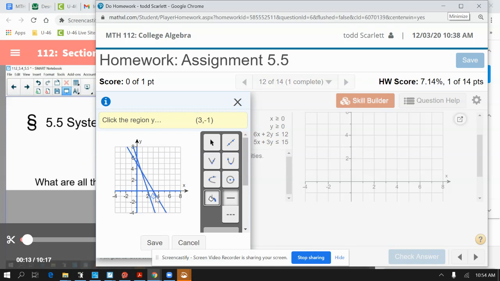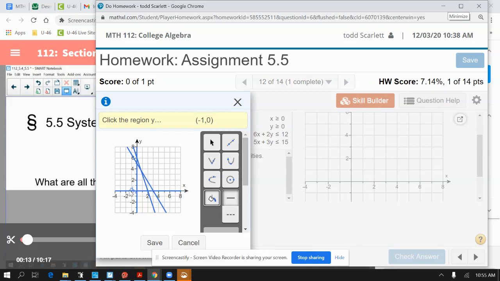Is 0, 0 a solution to that? If I type in 0 for x and 0 for y, 0 plus 0 is less than 12. So yes, I would shade to the left of this line over here. And then the other one, 0, 0, is also a solution to this last line that I graphed, this one. If x equals 0 and y equals 0, I have a true statement.